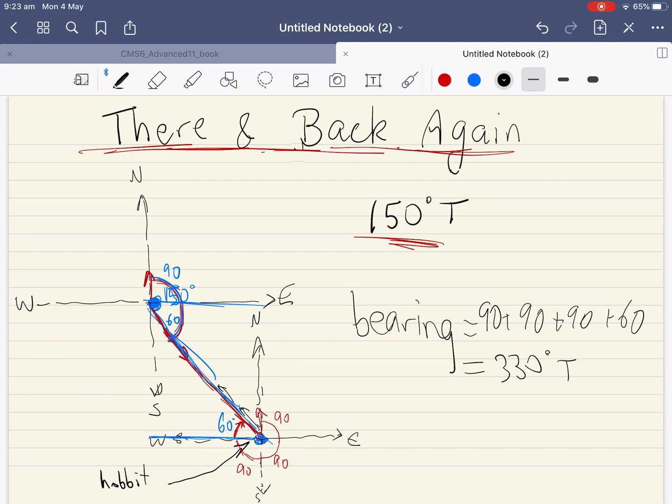That is the angle that the hobbit would need to rotate, 330 degrees rotation, for him to then be facing the right direction, where he can then travel back up to his original position.